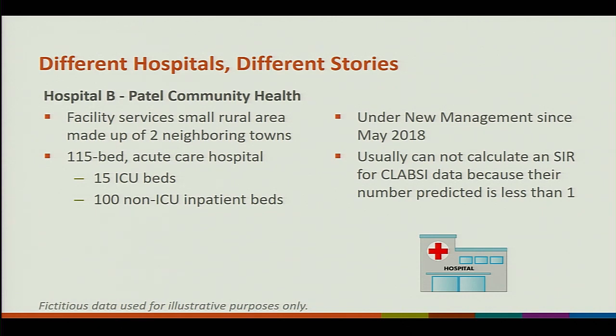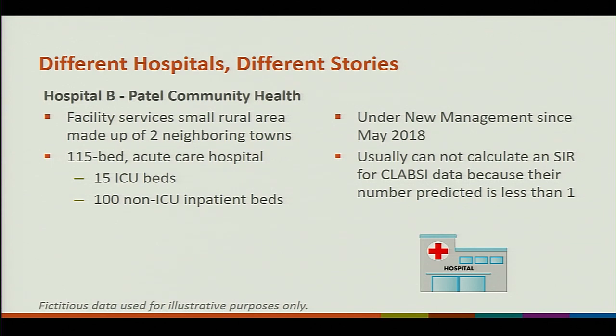Okay, so Hospital B, founded by the very bright and influential Prachi Patel. Patel Community Health serves small rural areas made up of 2 neighboring towns, a 115-bed acute care hospital with 15 ICU beds and 109 ICU inpatients. It went under new management beginning May 2018. It usually cannot calculate an SIR for CLABSI data because its number predicted is less than 1.